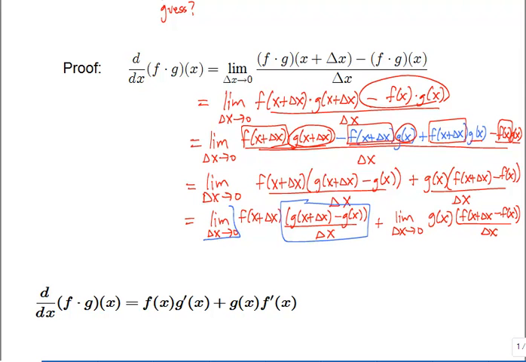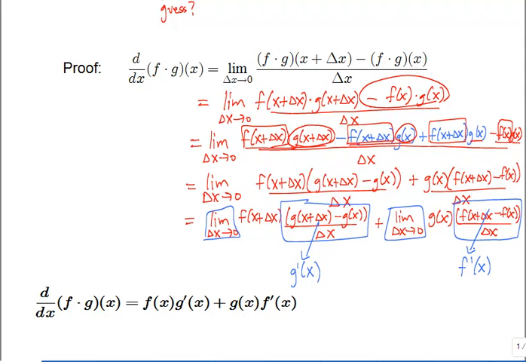So the limit of this piece right here is going to turn into g prime of x. Similarly, this piece right here, when I take the limit of it as delta x goes to 0, is exactly the limit definition of the derivative of f. So this turns into f prime of x.